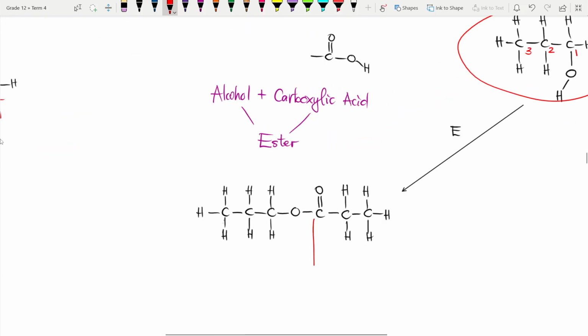The C is on the other side. So now this side is the alcohol part, this side is the carboxylic part, and I see that the alcohol has 3 carbons. That is expected. So let me write alcohol side, carboxylic acid side.